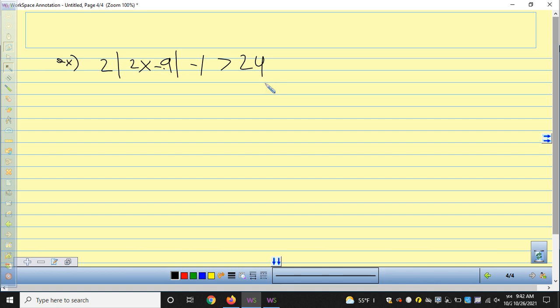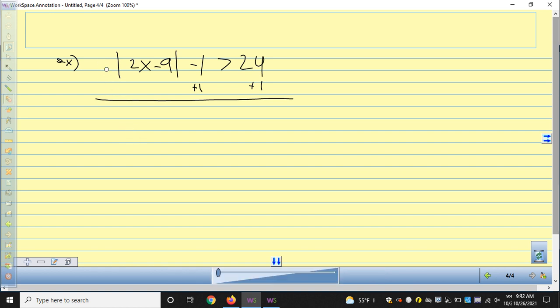All right, so there's a little more stuff going on with this inequality, but we're going to treat it exactly like we've done the other ones. We want to get the absolute value by itself. So the first thing I'm going to do is add 1 to both sides. Actually, I'm going to change this 2 to a 5, just so the numbers come out a little better.